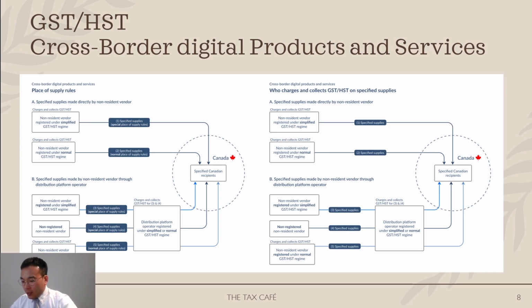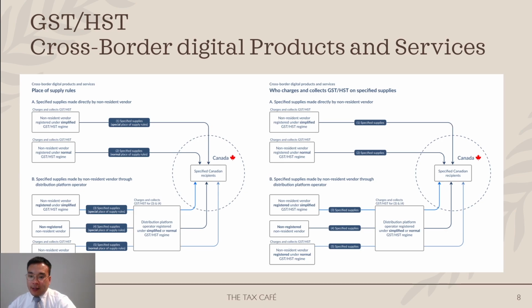So basically, it is the B2C sales and B2B sales. The Canadian government basically wants to apply GST to the sales that were made between businesses and consumers.